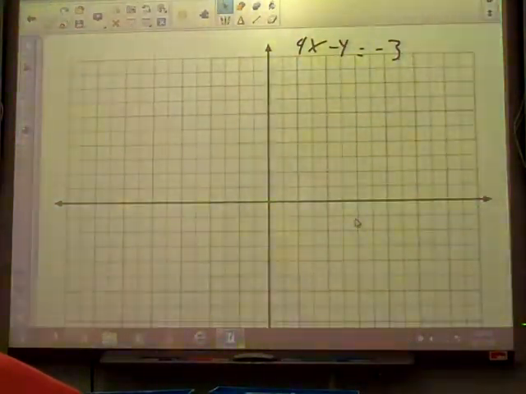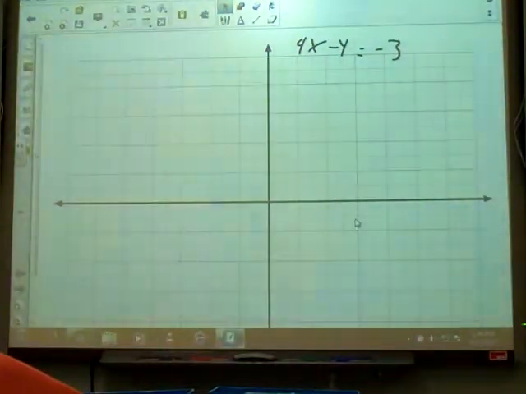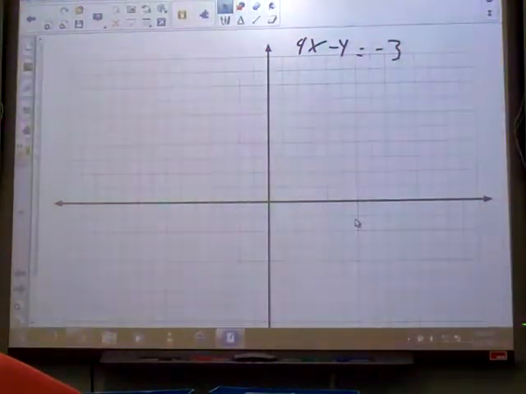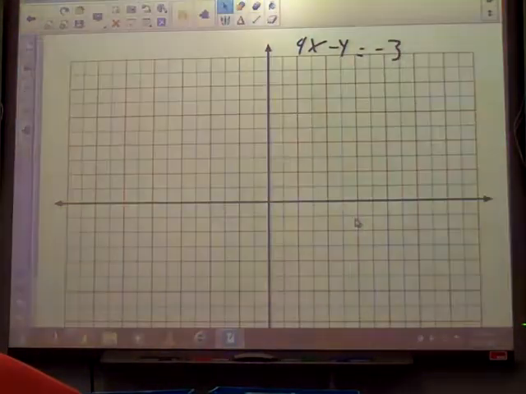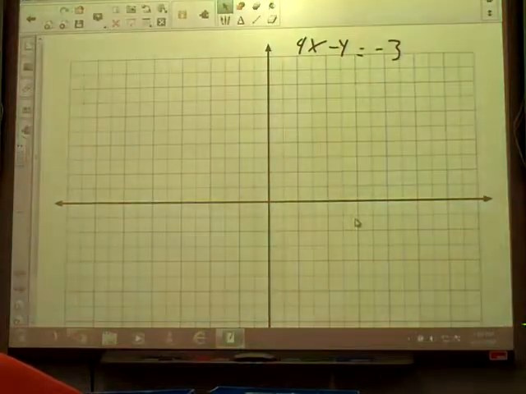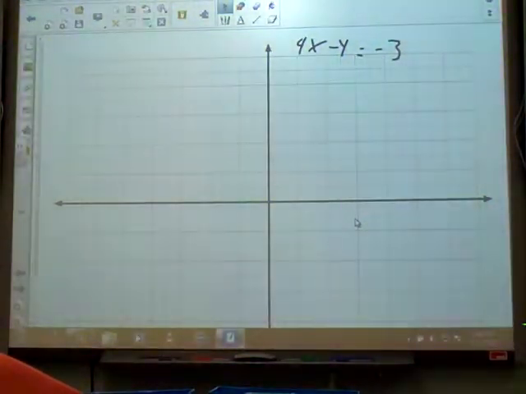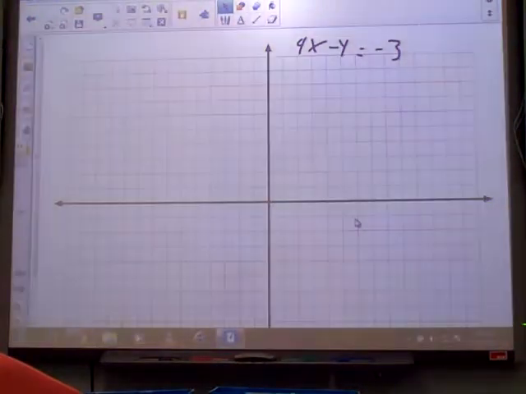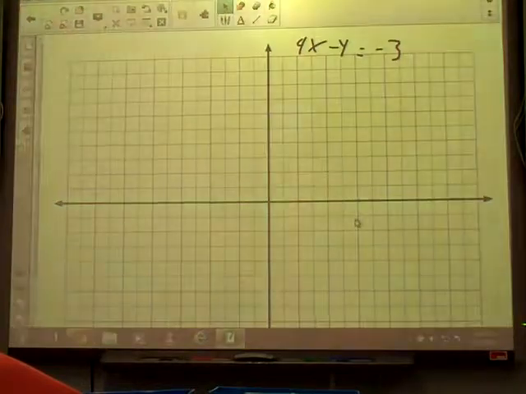So the y makes a 0? You got to make them both a 0. When you find the x one, you'll put a 0 in for the y. When you find the y one, you'll put a 0 in for the x. Equals negative 3. And then your other problem will be 4 times 0 minus y equals negative 3.